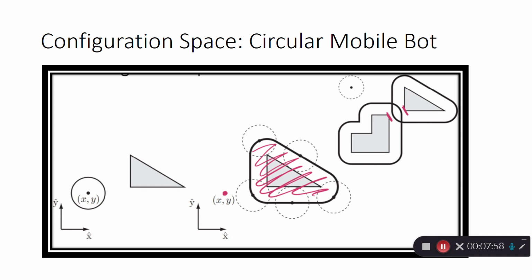You can see it's right across the centers, where the robot is moving from edge to edge of the triangle, moving very smoothly and without colliding with any obstacles.